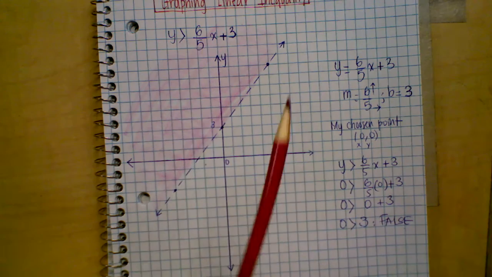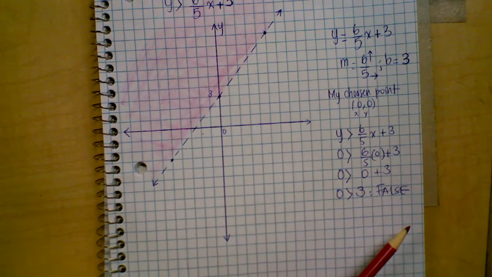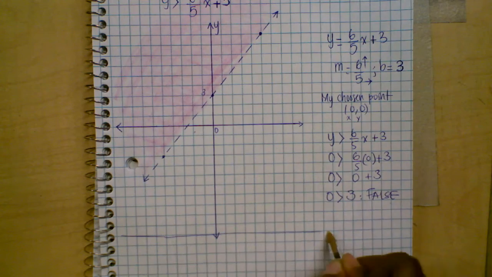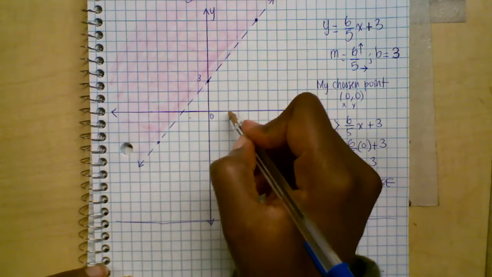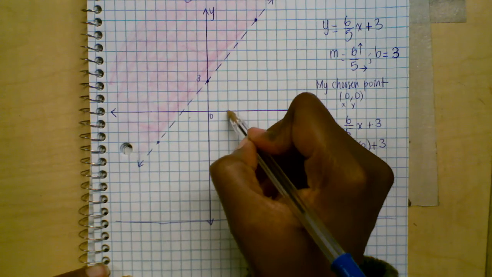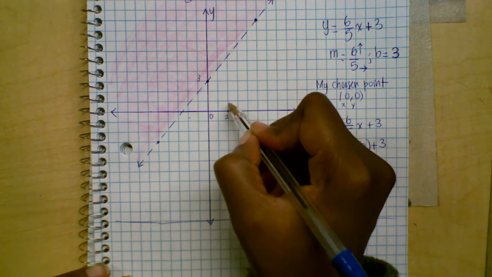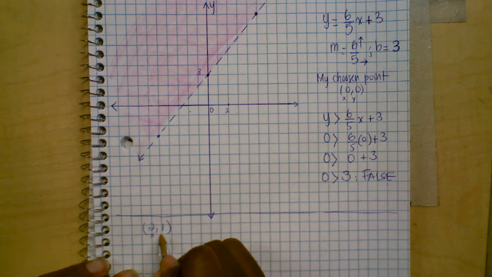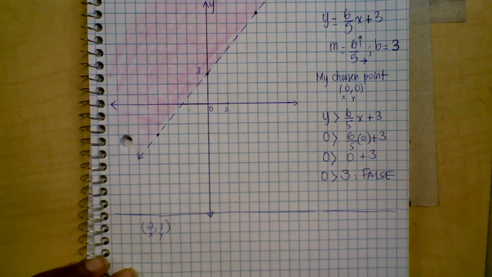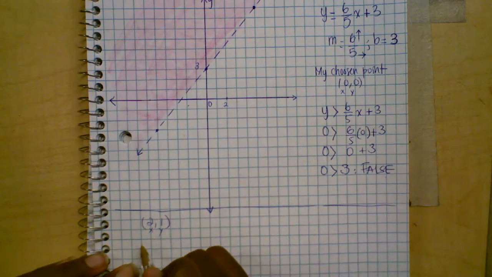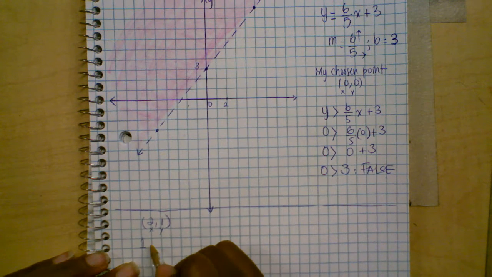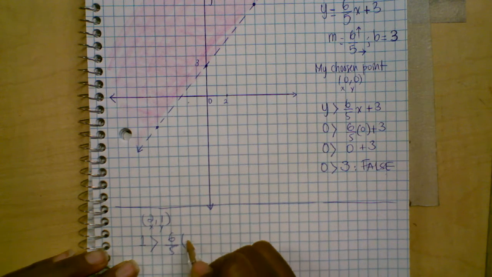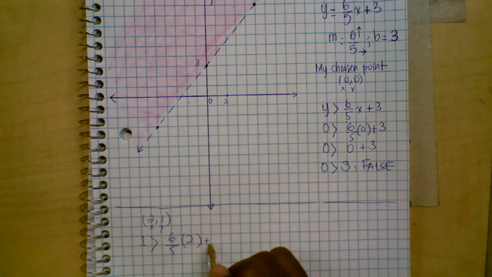If you want, you can check. Let's say you take the point (2, 1). The x value is 2 and the y value is 1. Let's plug in: 1 is greater than 6/5 times the quantity x, which is 2, plus 3.